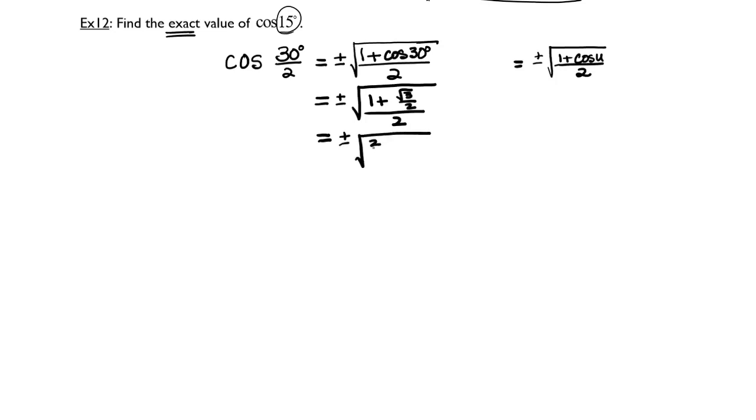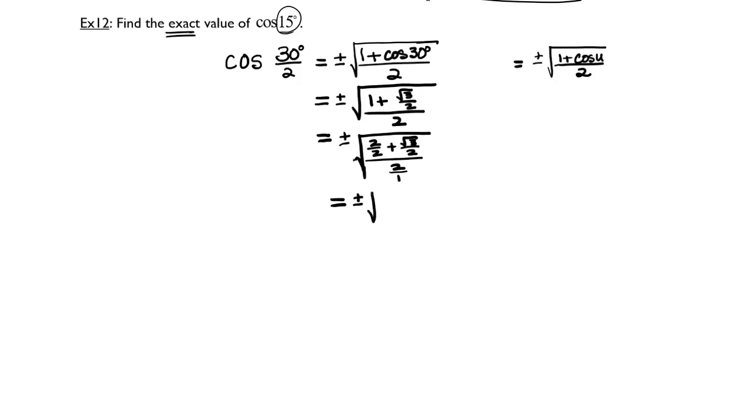and I'll have 2 over 2 plus root 3 over 2, all divided by 2. And if it helps you, remember this is 2 over 1 in the denominator, and so you can't reduce that with the 2's in the numerator.